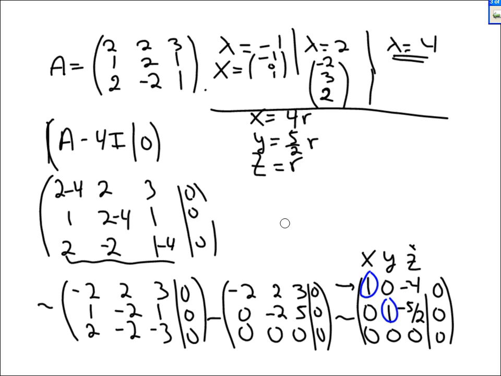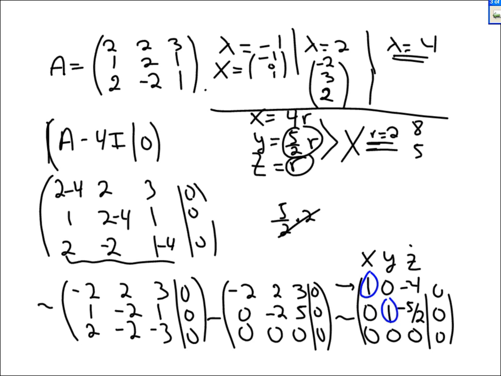Now I can write down a particular solution. I haven't used that word up to now, but I should have. One particular value for x where r is 2. That way the 2's will get canceled out. 4 times 2 is x. 5 over 2 times 2 is just 5.